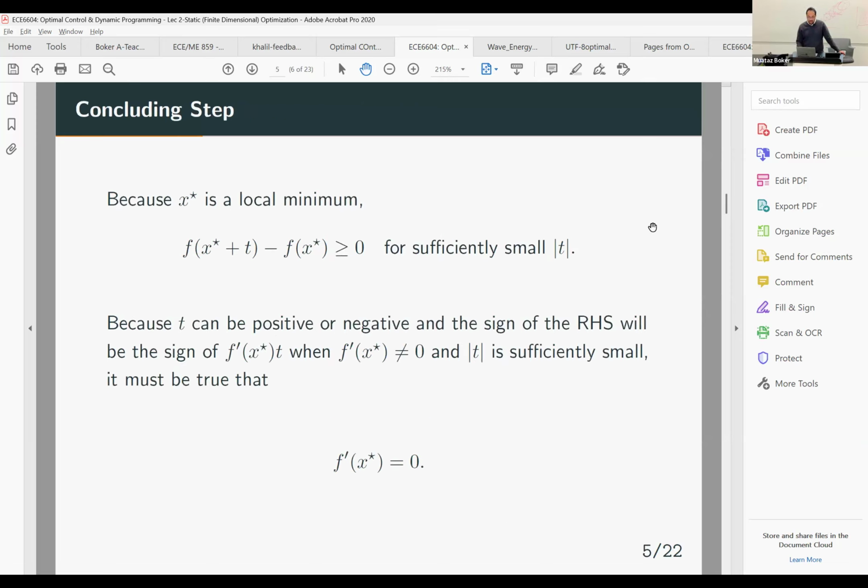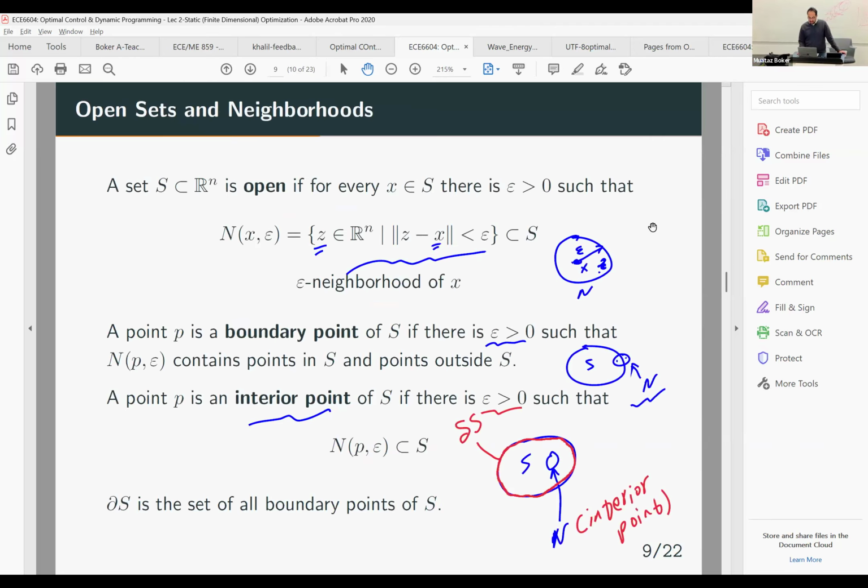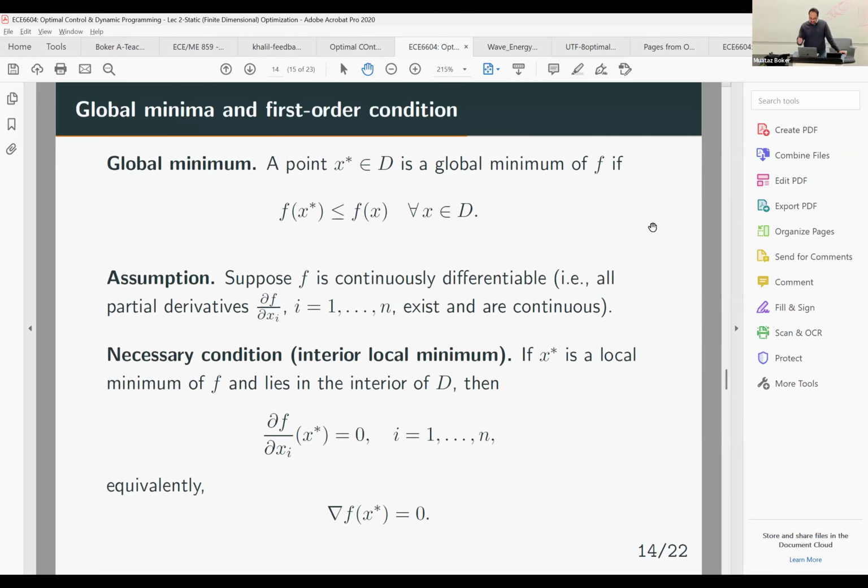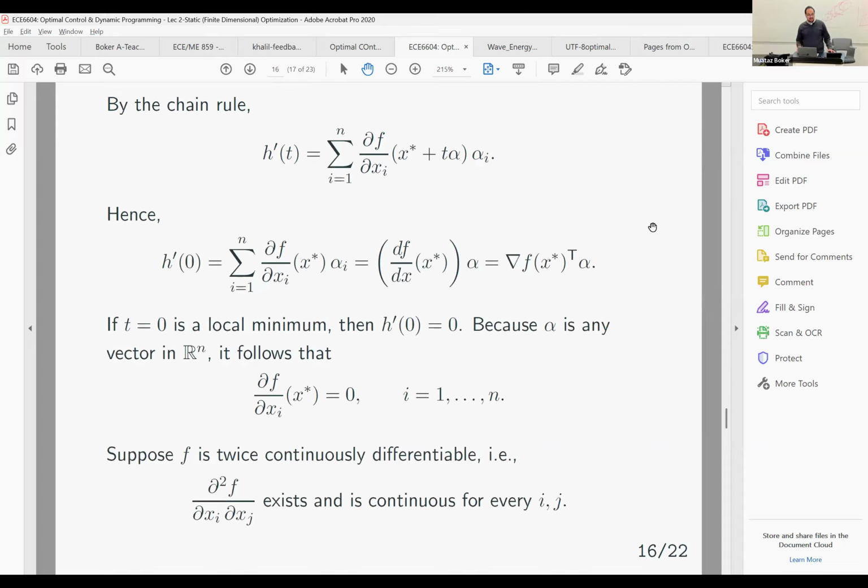So we need to know how to determine whether a matrix is positive definite or negative definite. This is the only thing that is different than the scalar case. But this is just the basics that we need to know.